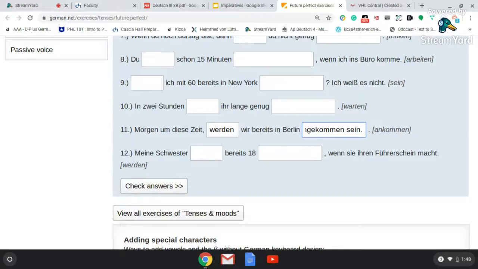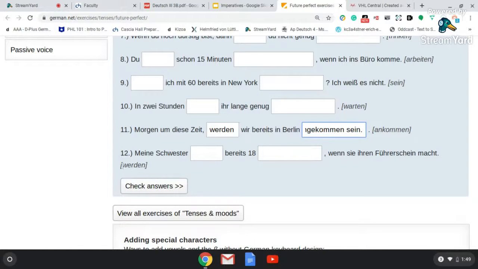So no matter where it shows up, it's going to be past participle like angekommen, and then the full verb haben or sein. Haben, sein. So right behind the past participle, in this case, angekommen, we had earlier geschrieben, we had earlier gekauft, we had earlier gespielt. You're going to have haben or sein. Good. One more.